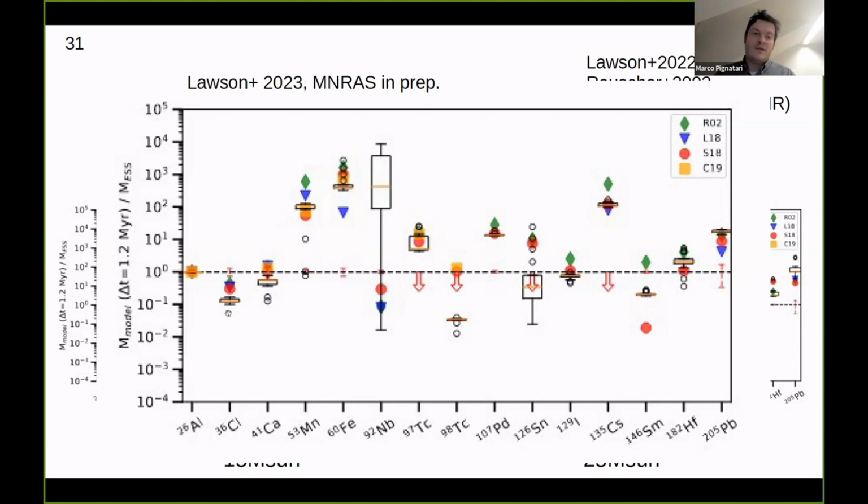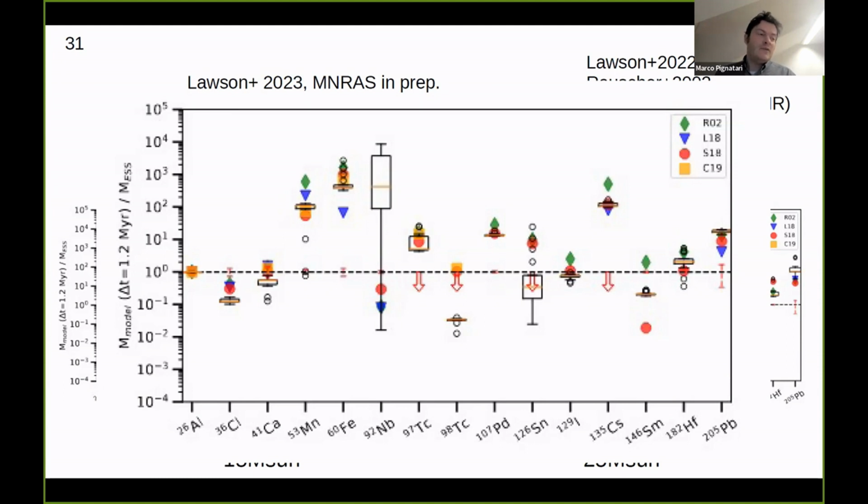Well, no surprise, there is a strong iron-60 overproduction compared to aluminum-26. This is known and written everywhere in the literature, but the same is true, for example, for cesium-135 and others, while the production of iodine-129 is in line with the production of aluminum-26.